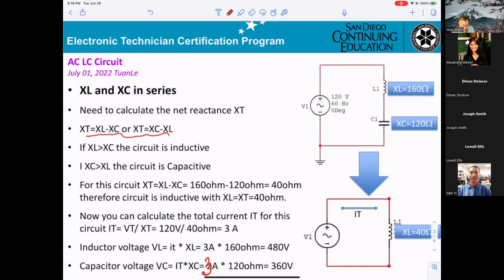You can take XL minus XC or XC minus XL. If XL is greater than XC, the circuitry is inductive. Otherwise, the circuitry will be capacitive. From that new circuitry, you're able to calculate the total current. That current goes to the original circuitry here, and you're able to calculate VL or VC.